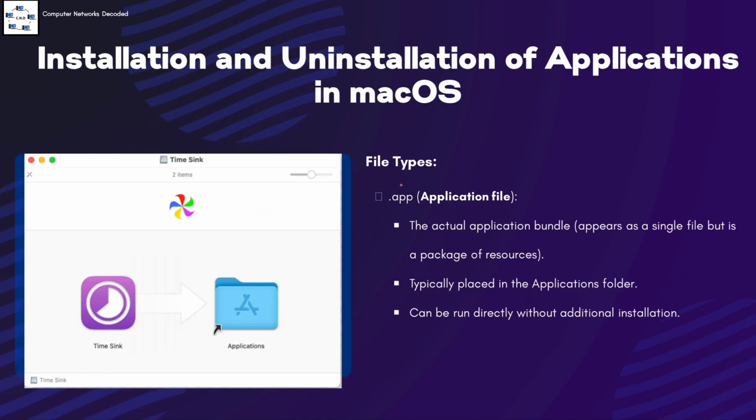Next file type is the .app or application file. So the actual application bundle appears as a single file but is a package of multiple resources, and typically this is placed in the Applications folder. It can be run directly without additional installation.